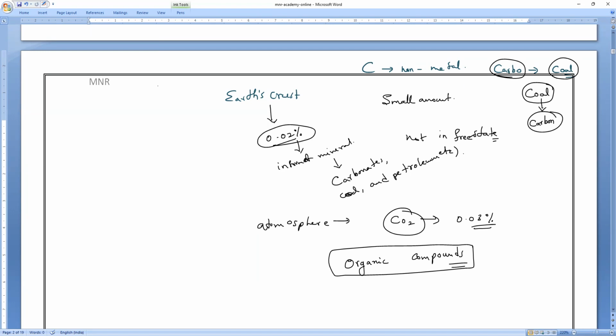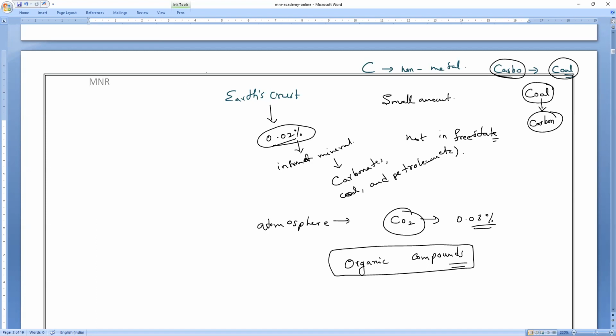So how can we see the presence of carbon in a material? Sir, how can you see whether carbon is present or not?